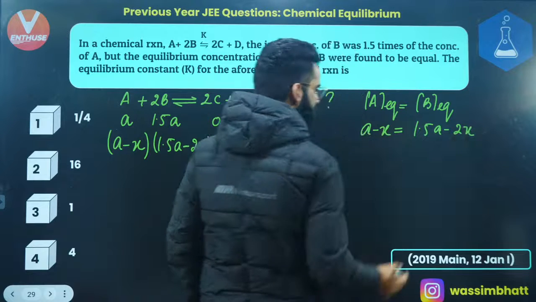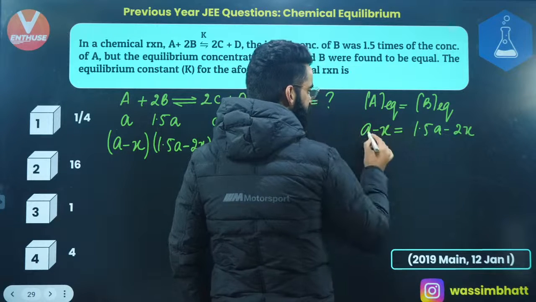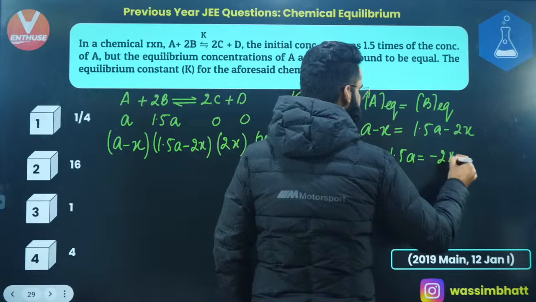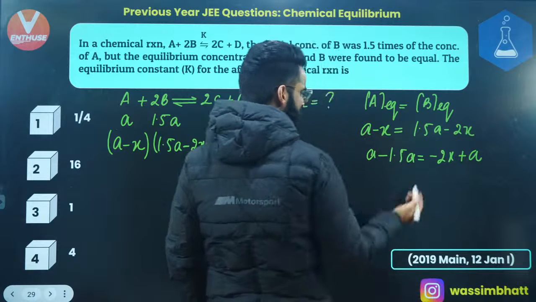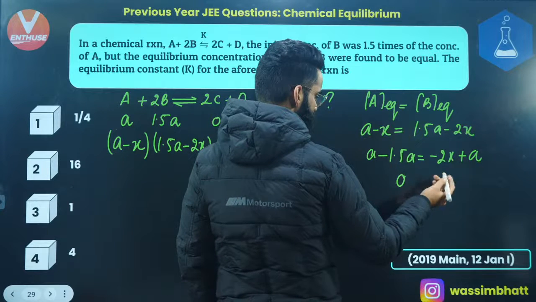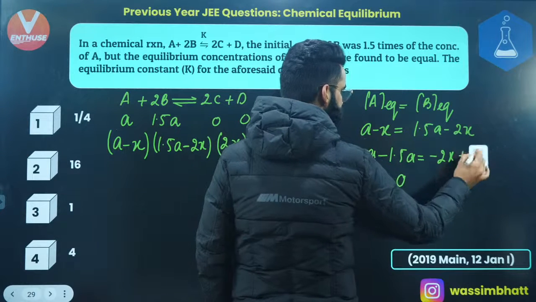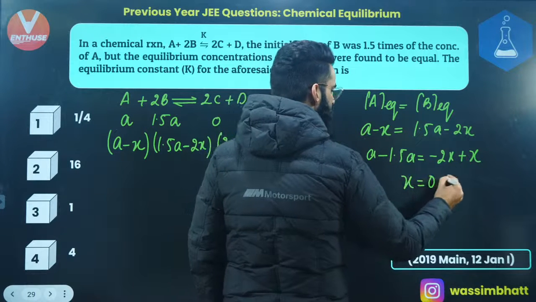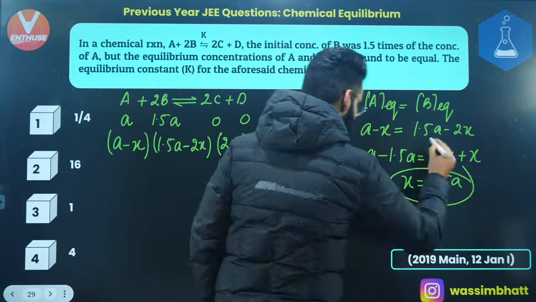So you can clearly say a minus 1.5a is equal to minus 2x plus x, as simple as that. So the x value, this is not a, this is x, is equal to 0.5a. You got the value of x.